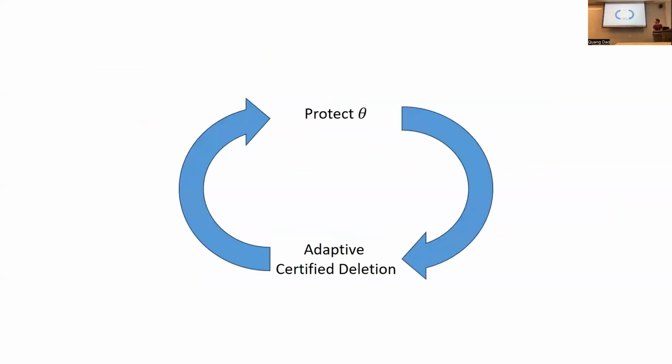Okay, so in order to get adaptive certified deletion, it seems like we need to protect theta, this mapping. But how do we protect theta? It's a classical string. We need adaptive certified deletion. It's a little problematic.